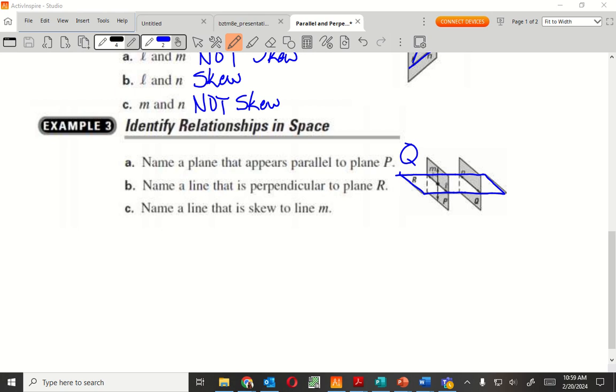It's going to cross it, right? And it crosses it in a special way. How do they cross it? Intersect at a right angle. So I'm looking at R, and then it should be crossing at a right angle.